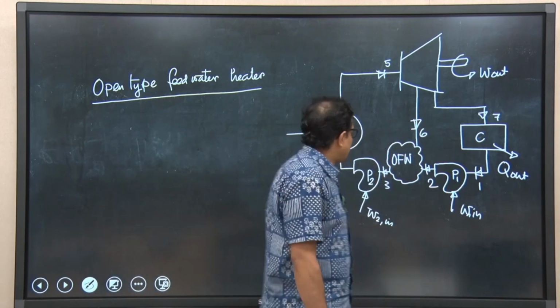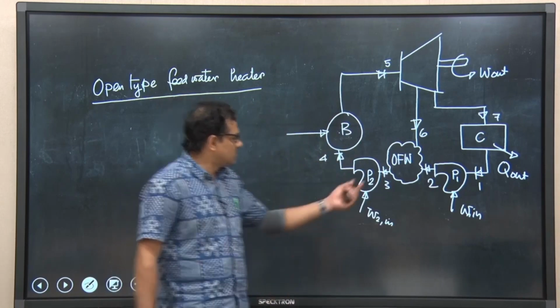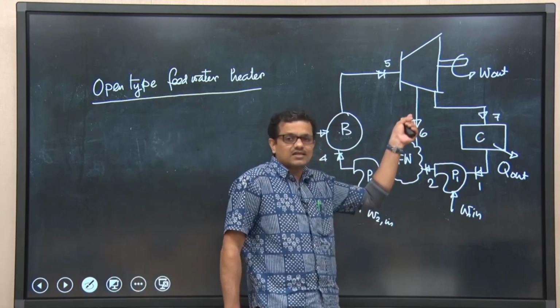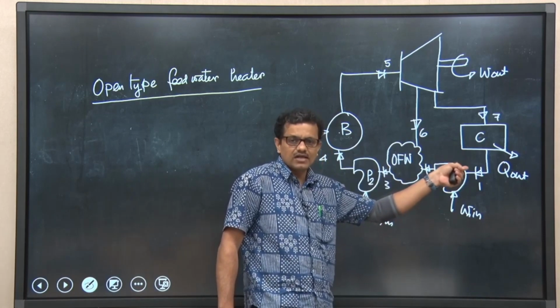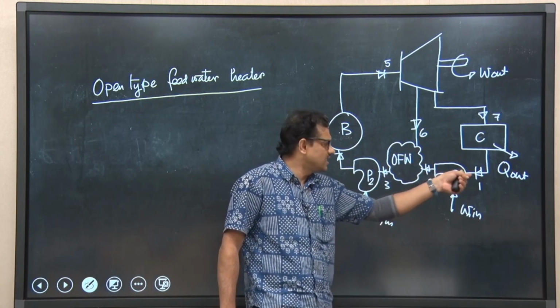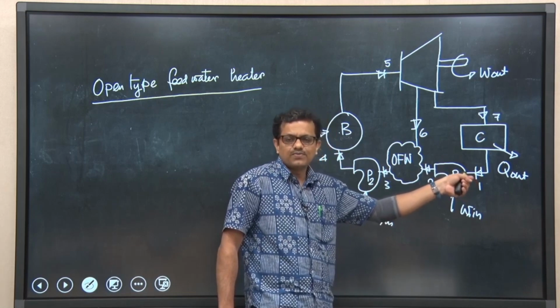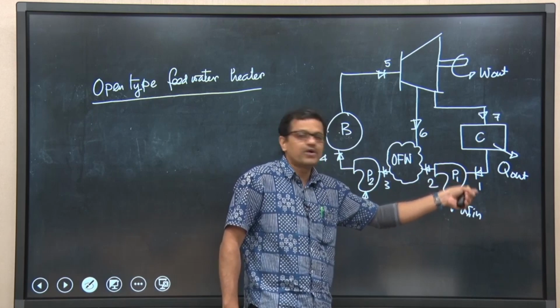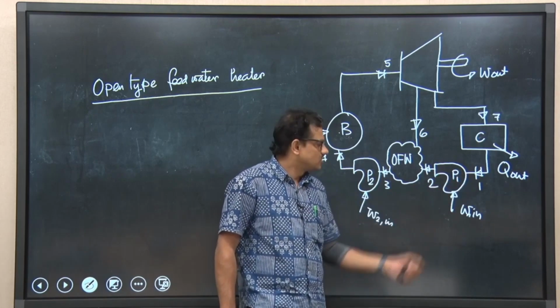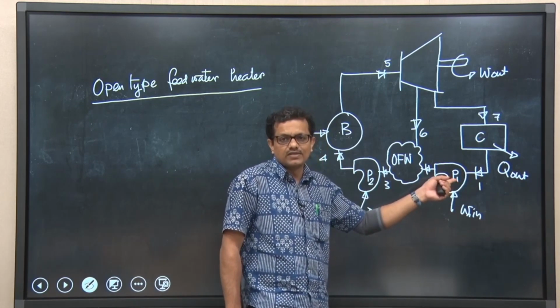Here I was telling that the steam is extracted from the turbine and the feed water, I mean condensate, is coming from the condenser. At point 1, we know from our previous discussion that the thermodynamic state is saturated liquid, because a pump cannot handle a two phase mixture.